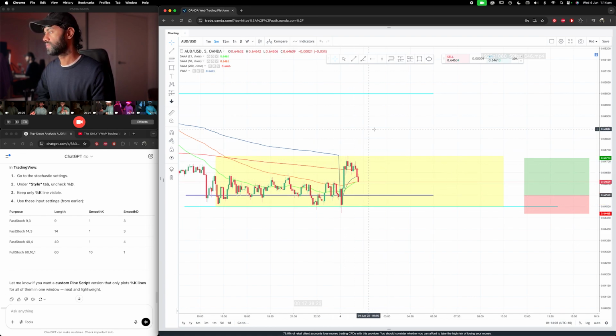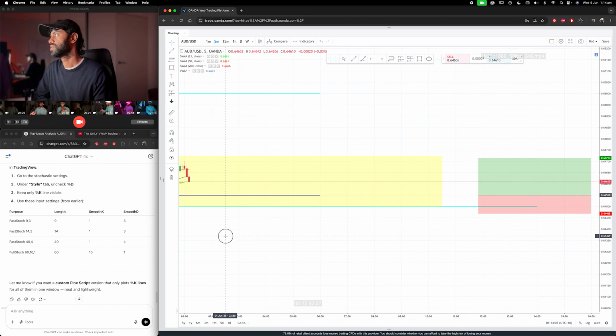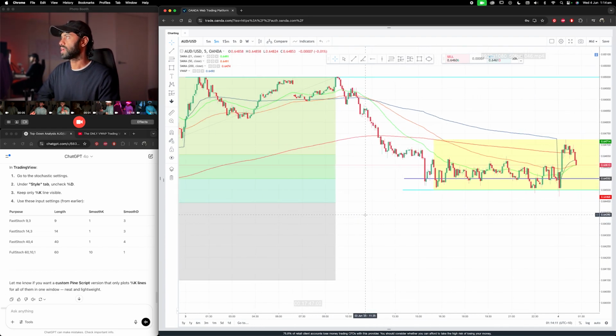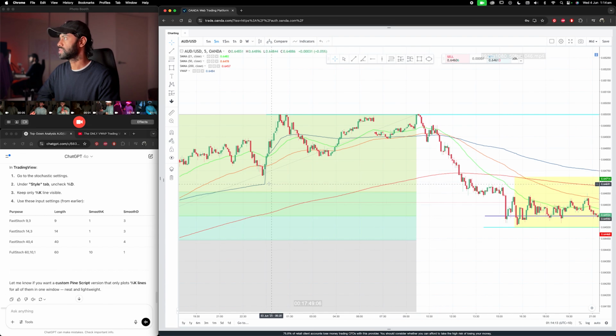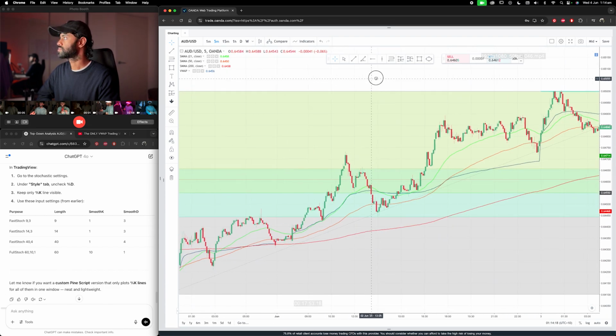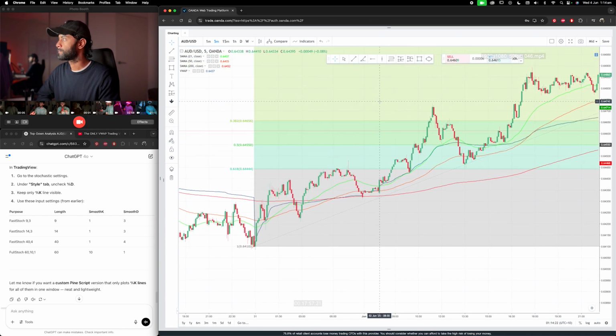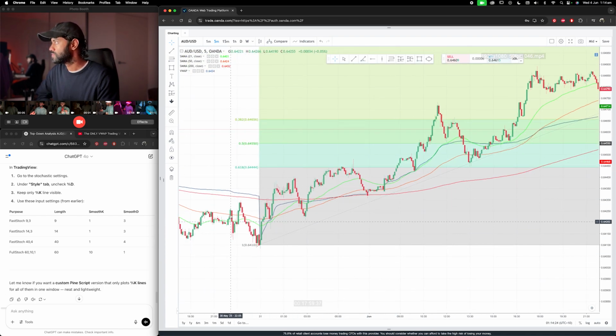Everything's above the VWAP. I know it's coming down, but it doesn't mean we're all the way down. Let's look at another area where the VWAP shifted. See how the VWAP shifted and started to go up. See how we go above the VWAP and it comes down.